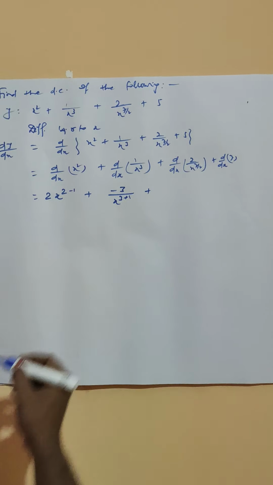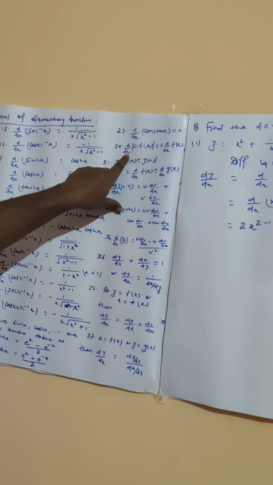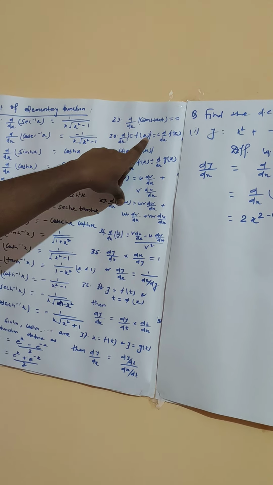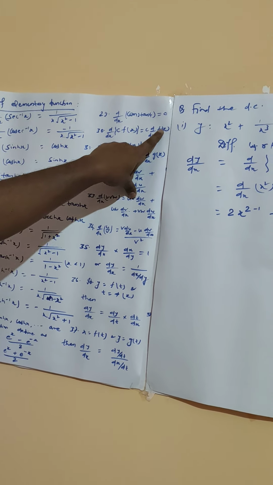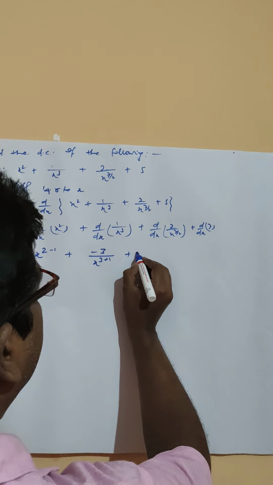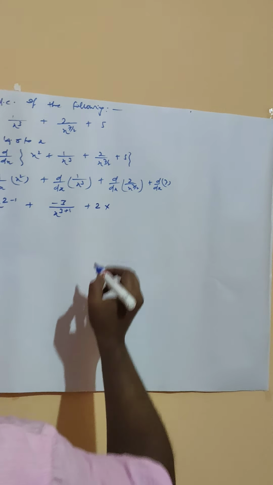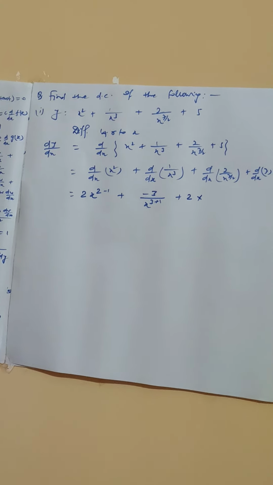Next, 2 is a constant, so we can follow the formula d by dx of c f of x equals c d by dx f of x. Here 2 is a constant, so we can take it common, and now this is in the form of 1 by x raised to n.